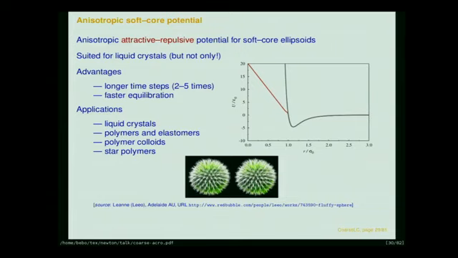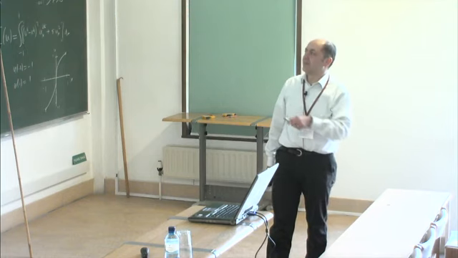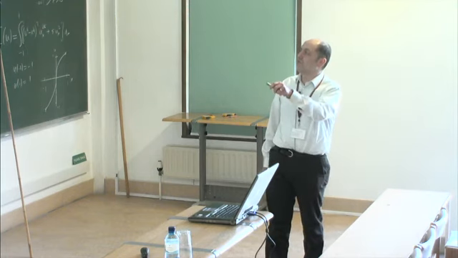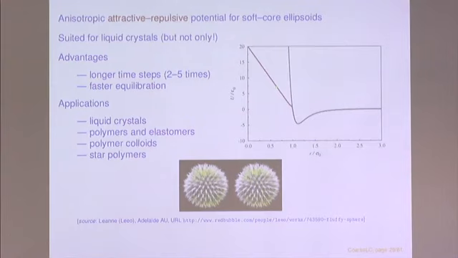The idea was to replace the repulsive barrier, which is described by the r to the minus 12th term in the Lennard-Jones potential, with a gentler slope that would allow the particles to become closer together without paying a very high energy penalty. And this would mean studying fluffy molecules.